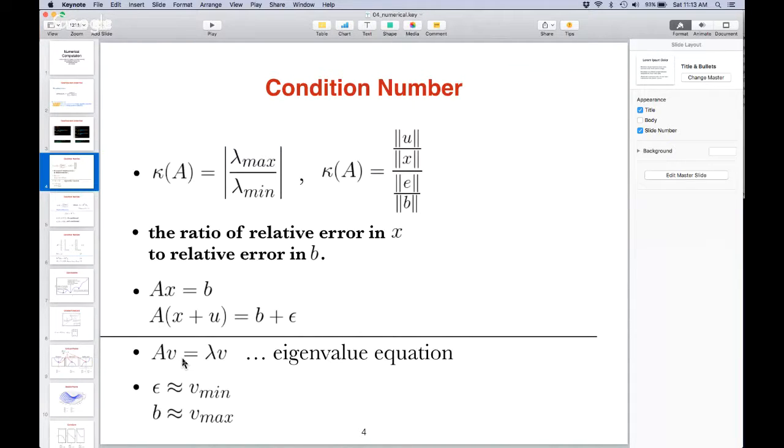So there's no rotation there at all. For a real and symmetric matrix, all these eigenvectors will be orthogonal to each other.